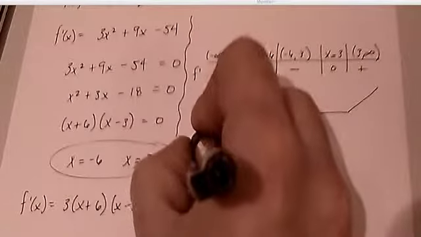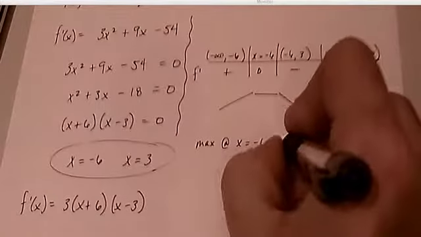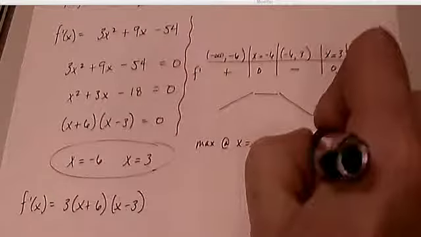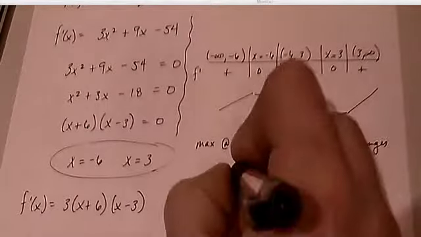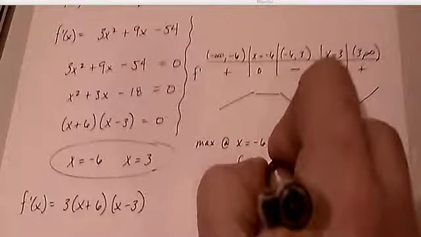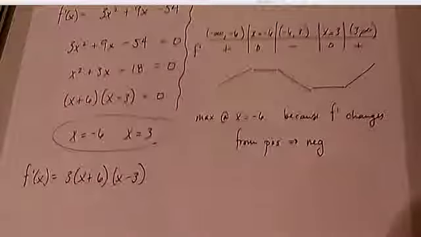You would say you have a maximum at x is equal to negative 6 because f prime changes from positive to negative. And of course I'm doing a whole bunch of abbreviations.